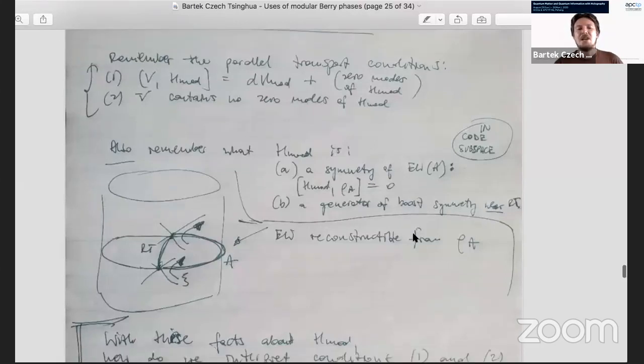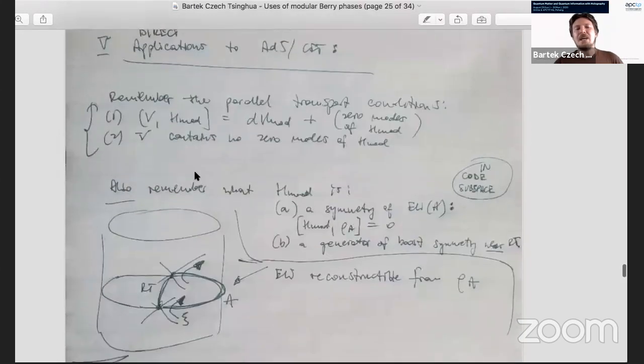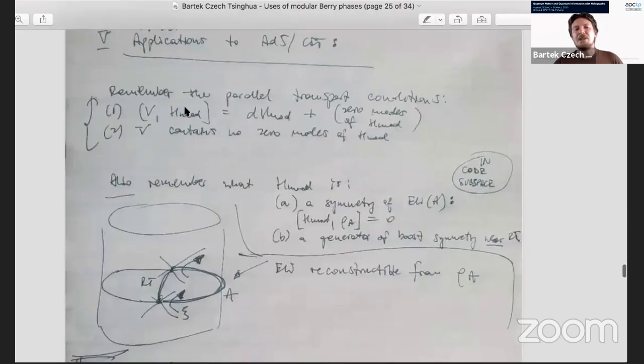So with these facts, we look at these two equations, and we're asking the following question. How do I take the generator of a boost in the neighborhood of one RT surface, commute it with something else, and get the change in the boost, so that the change plus the old guy gives me a new boost about some new RT surface? That's really what equation 1 is giving me.